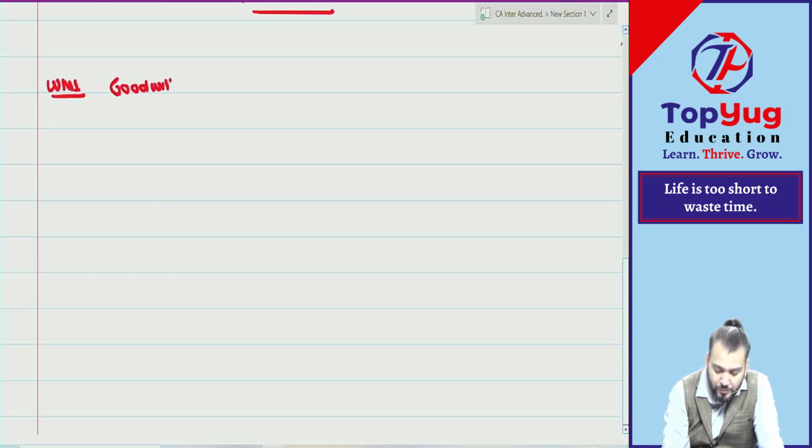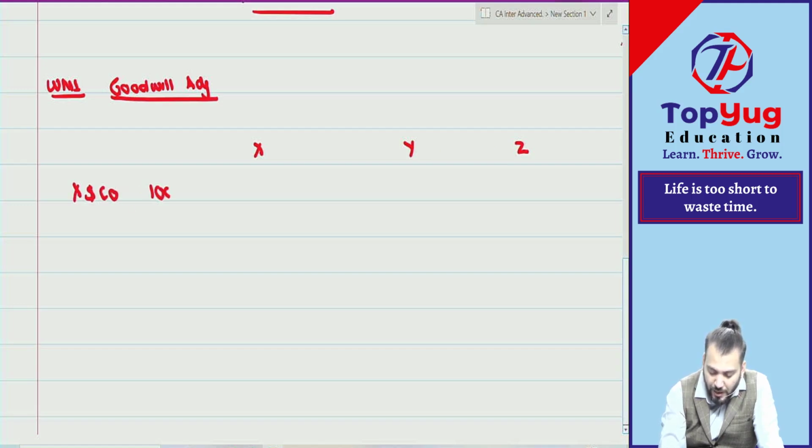Goodwill adjustment. Tell me, X, Y and Z. First which company? X and company. How much goodwill? 1 lakh, allocated to X and Y in which ratio?